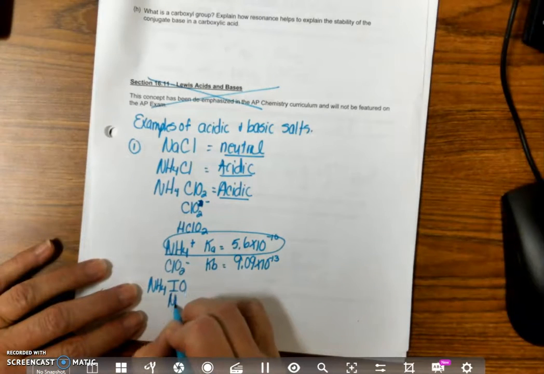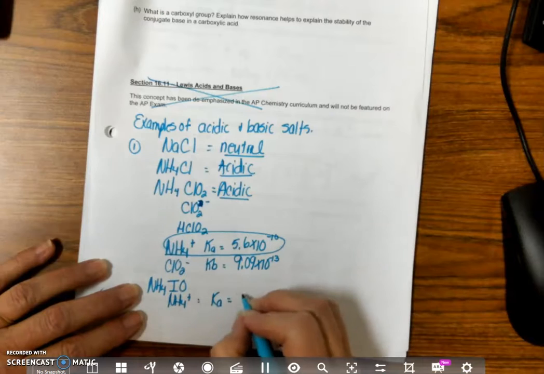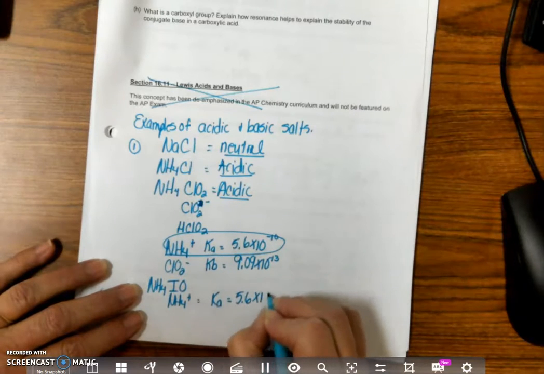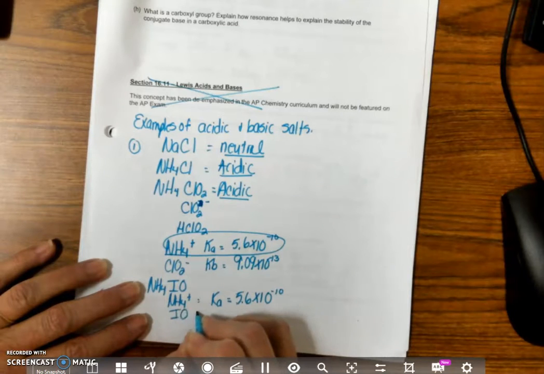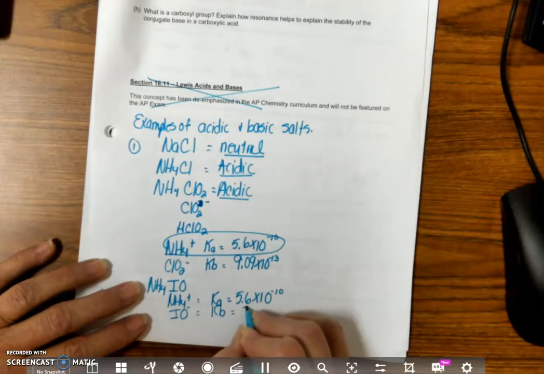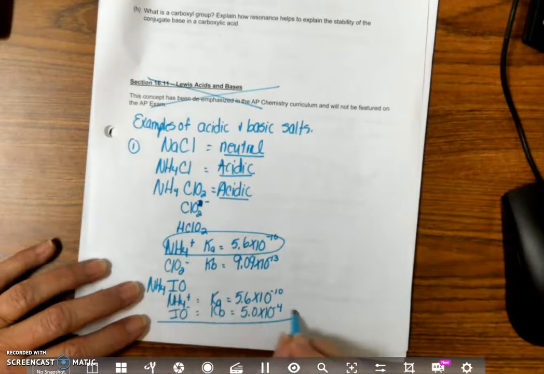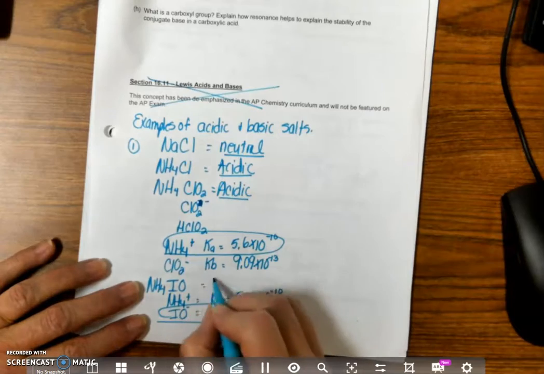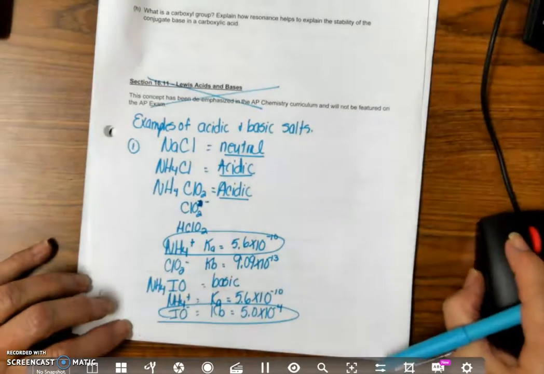Now, for NH4, the Ka is 5.6 times 10 to the minus 10. And for IO minus, Kb is 5.0 times 10 to the minus 4. This one takes precedence, so this is basic.